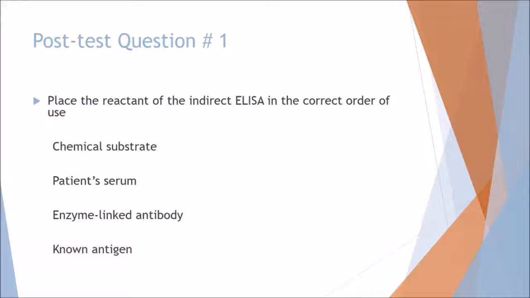So first, we're going to add our known antigen so that it can absorb to the plate. Secondly, we're going to add our samples, which are in this case patient serum, to see if the antibody of interest is included in their serum.